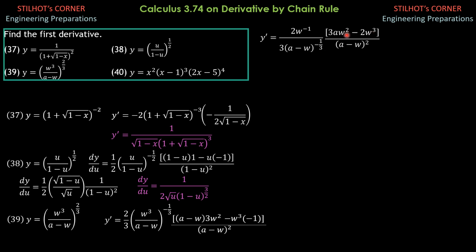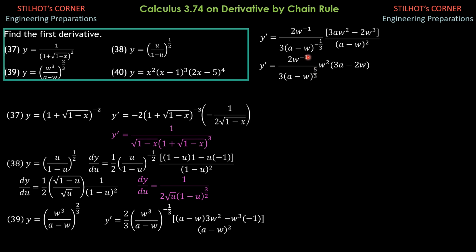Then here we factor out the common w squared, then we'll have 3a minus 2w. So y prime equals 2 times w to the negative 1 over 3 quantity a minus w to the 5/3, times w squared times quantity 3a minus 2w.